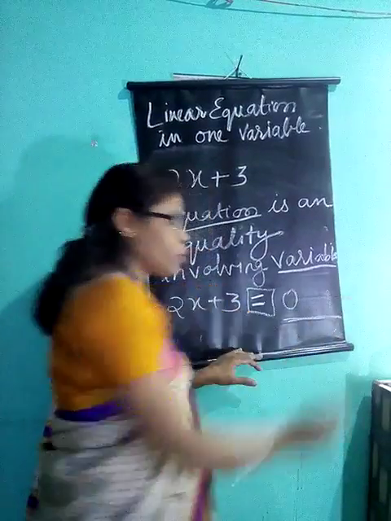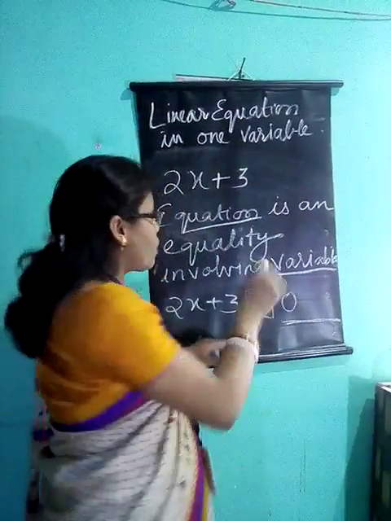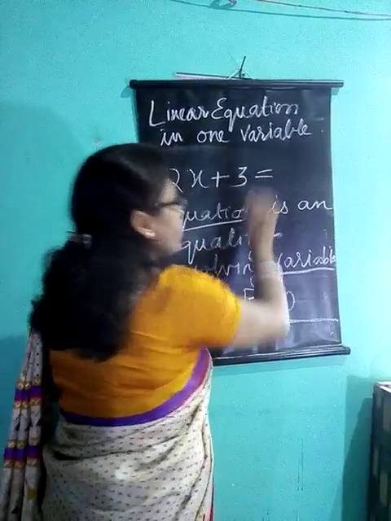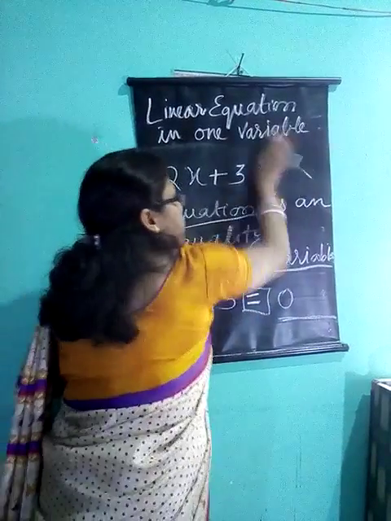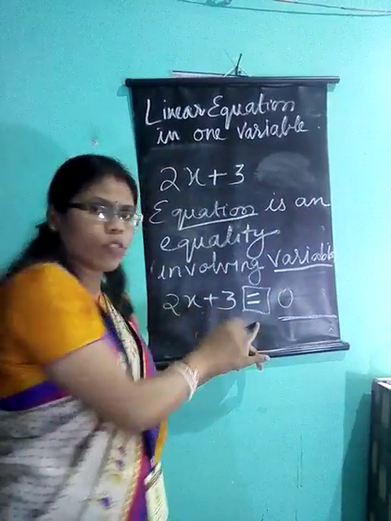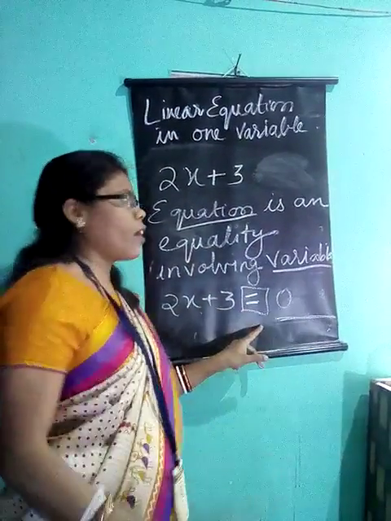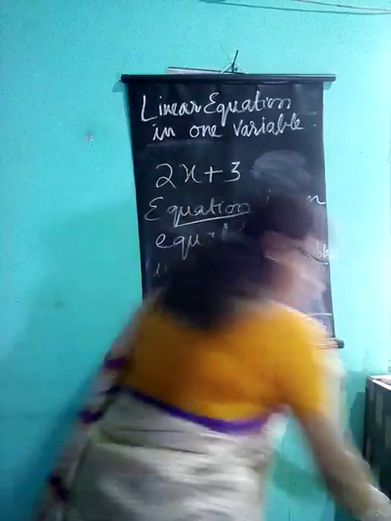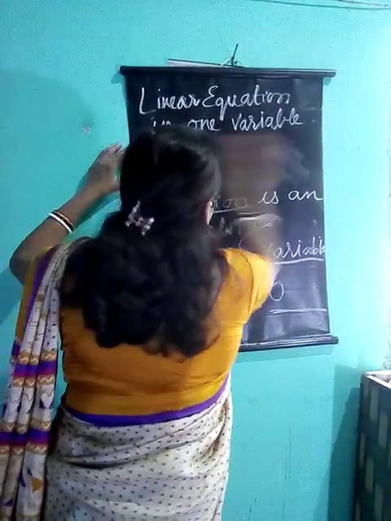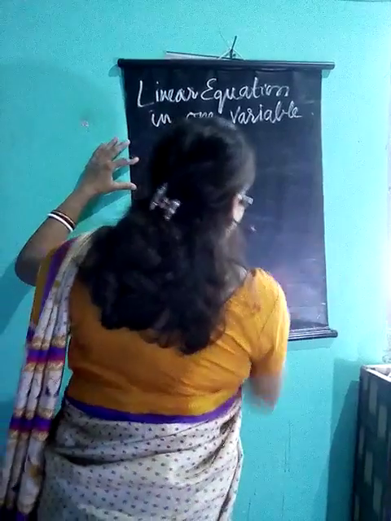Whereas in an expression there is no equal to; in an equation there is equal to, and there is LHS and RHS. This is the most important thing which we should be clear with, expressions and equations.